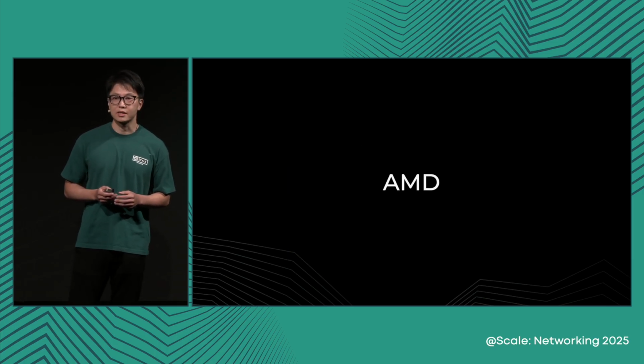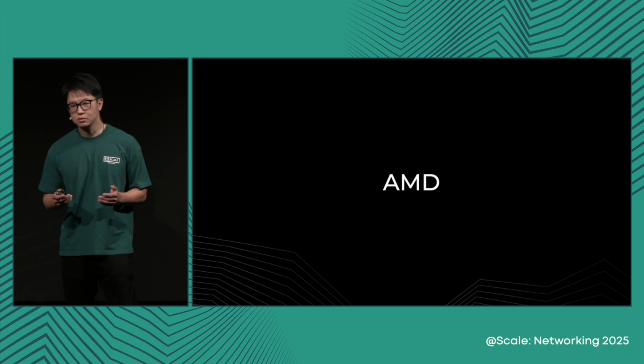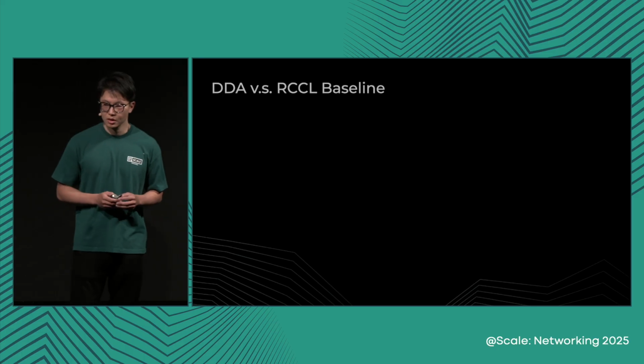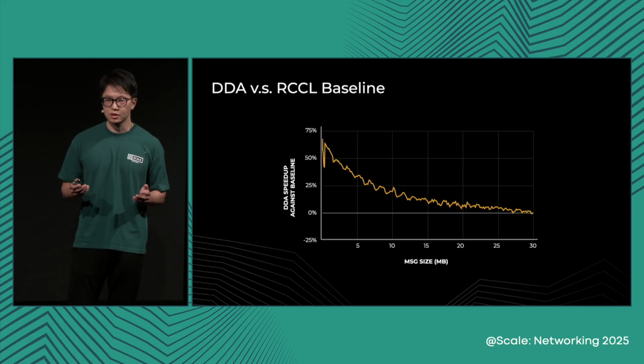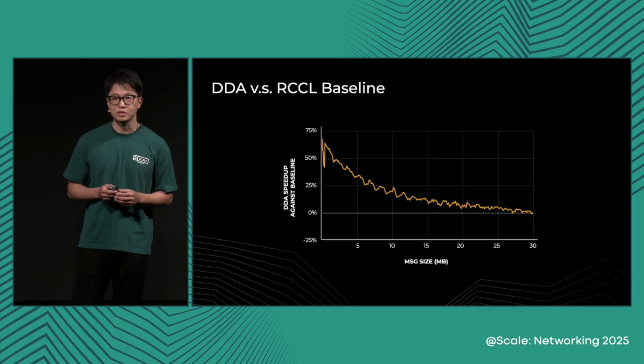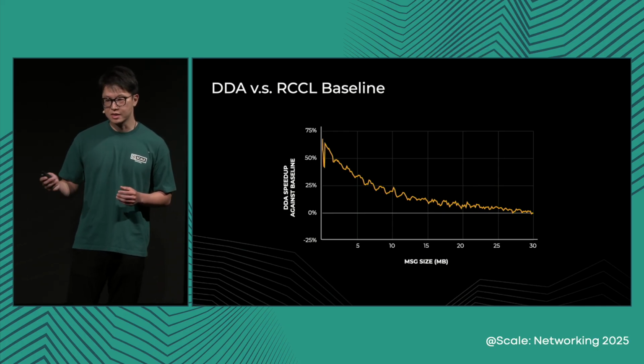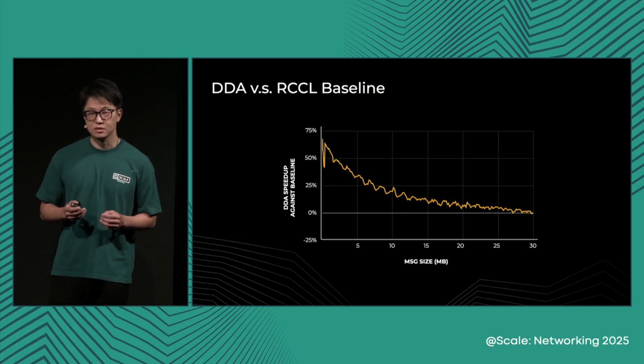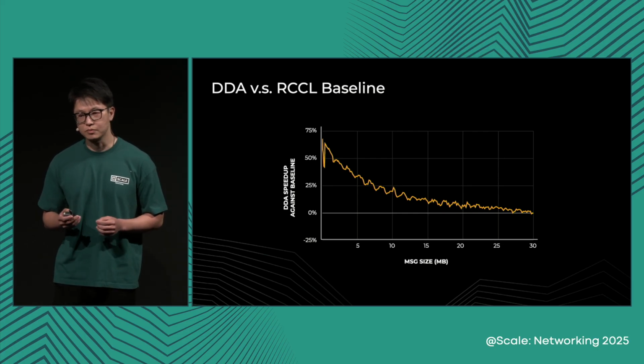Now, let's take a look at how the results look when we deploy DDA to the AMD platform in production. Here's the chart showing the DDA performance gain compared to the RCCL baseline. The x-axis is the message size, and the y-axis is the DDA speed-up percentage.